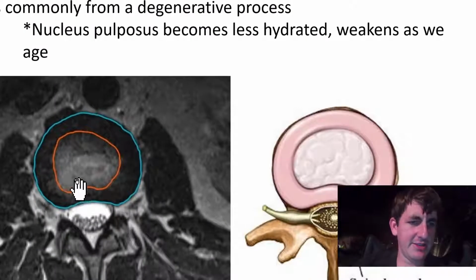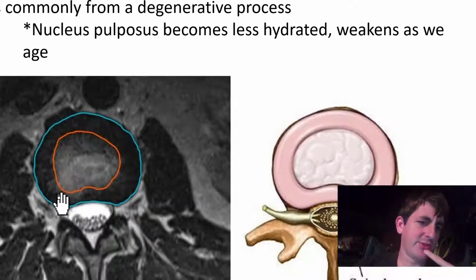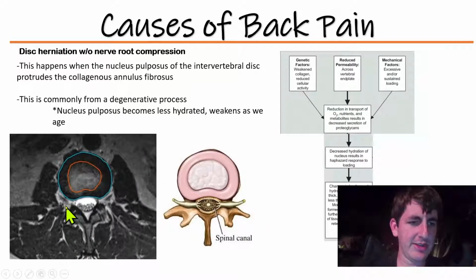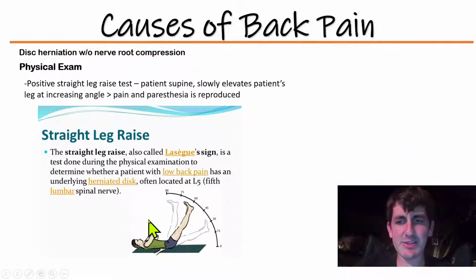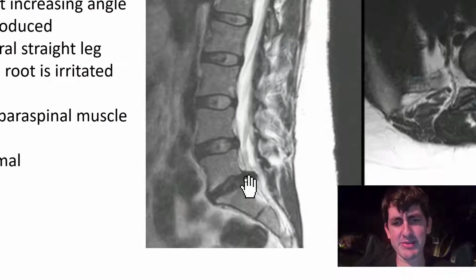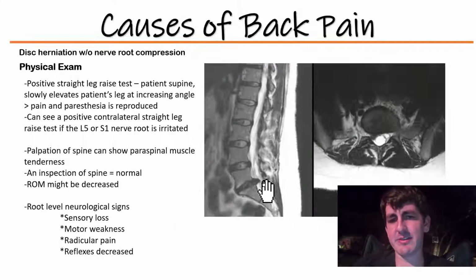So when this nucleus pulposus protrudes through here, you're going to push this dark annulus fibrosis into the nerve root. So that's why you see this dark thing. This is annulus fibrosis protruding into the spinal canal, hitting the spinal nerve root.